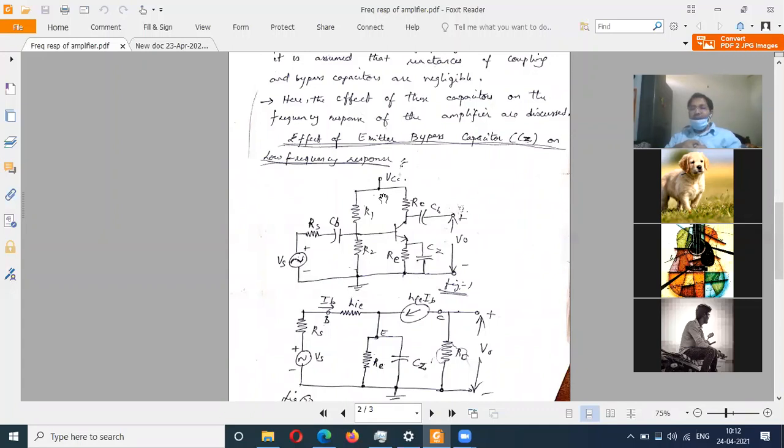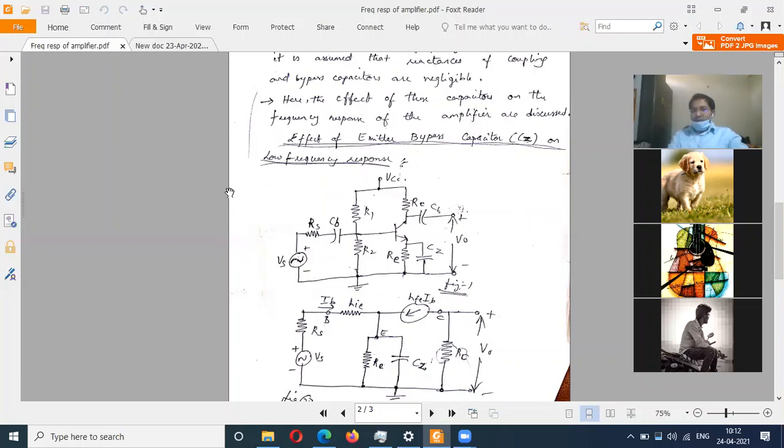When we consider the effect of one capacitor, the remaining we approximate as short circuits, and then we proceed.